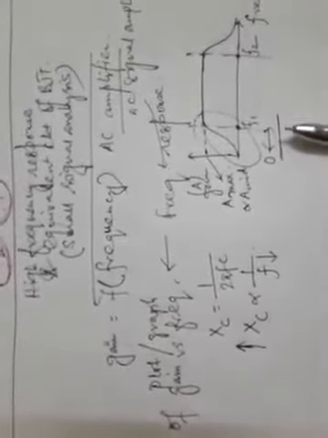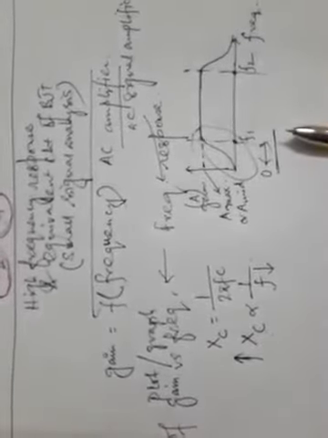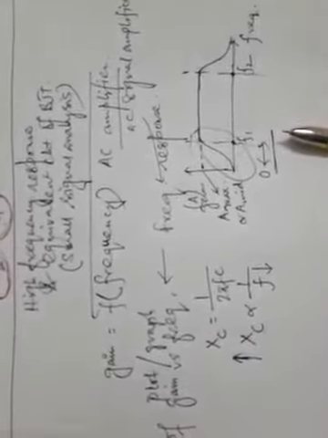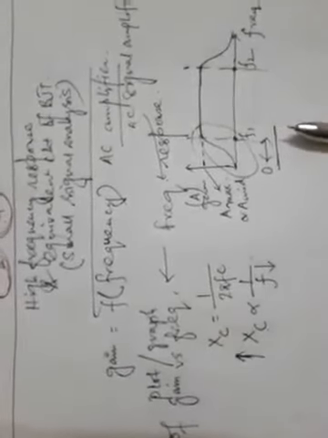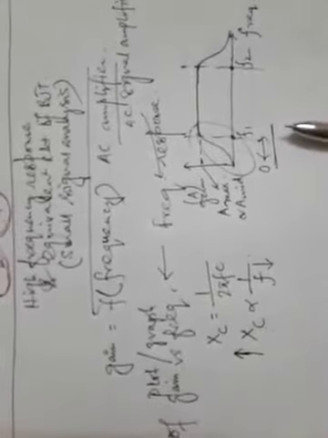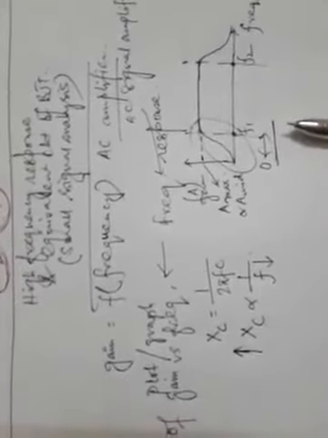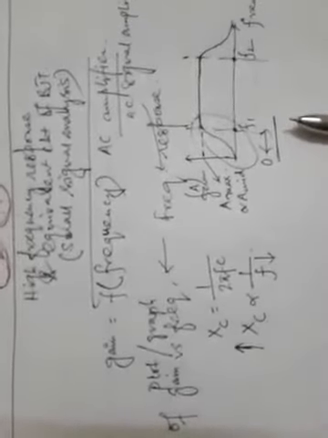So because of this, the capacitive reactance will be large enough to drop some of the AC signal voltages. Because of this high increase of capacitive reactance, some AC signal voltage will be dropped. Since this AC signal voltage is dropping, it will directly affect the output of the transistor amplifier.